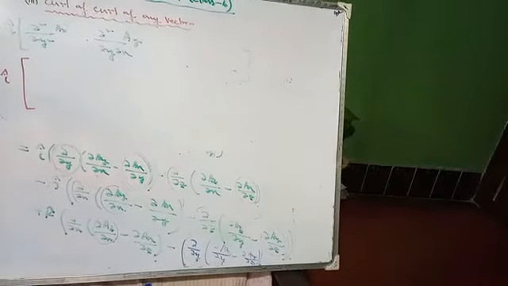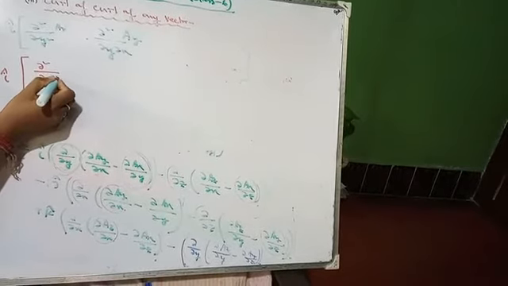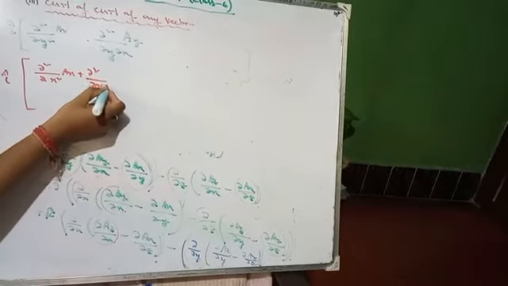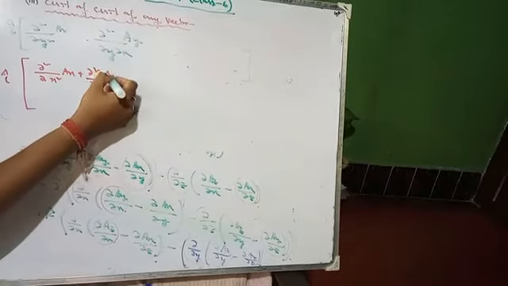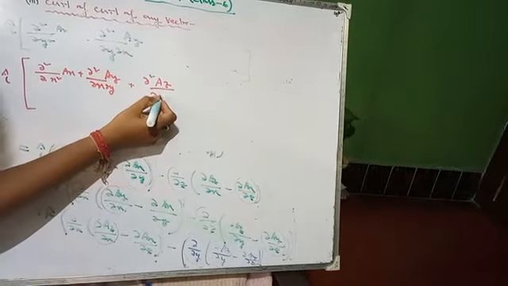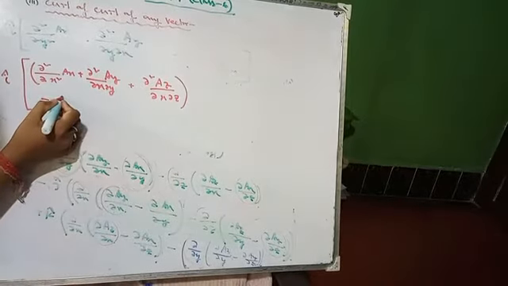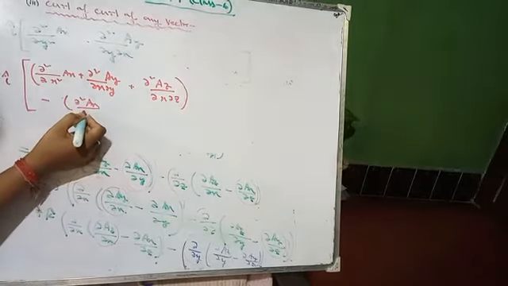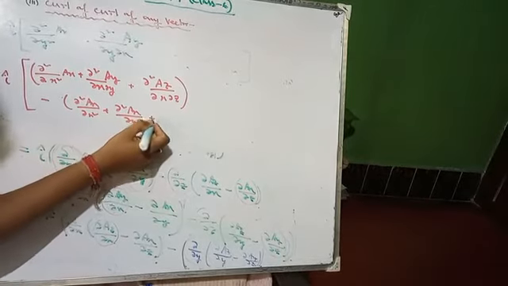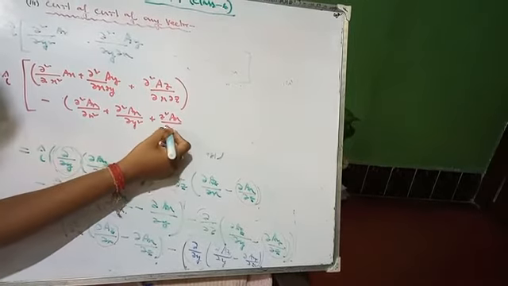I am writing the ultimate result: del 2 ax by del x2 plus del 2 ay by del x del y plus del 2 az by del x del z, that is the I cap, minus del 2 ax by del x2 plus del 2 ax by del y2 plus del 2 ax by del z2.